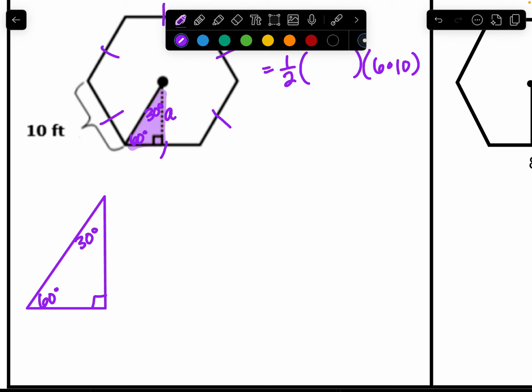This is 30 degrees. Since we know that, we could use trigonometry. We could use sine, cosine, or tangent, or we could use the 30, 60, 90 special right triangle rules. I'm writing it down just in case you forgot what it is, so you know where to look in your notes.